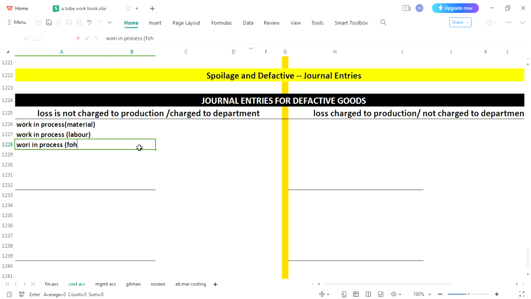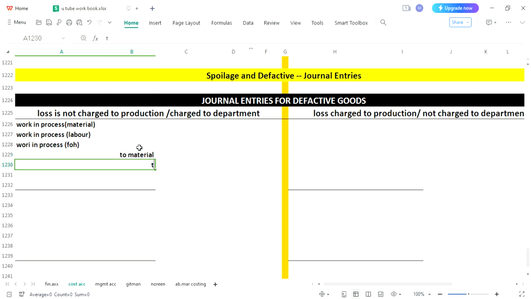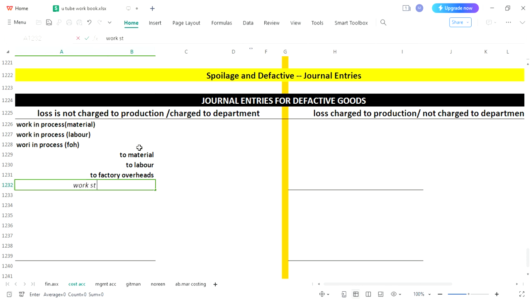These are journal entries which we have already seen in our introductory lectures: material, then labor, after which factory overheads. So what narration will we use? Work started.